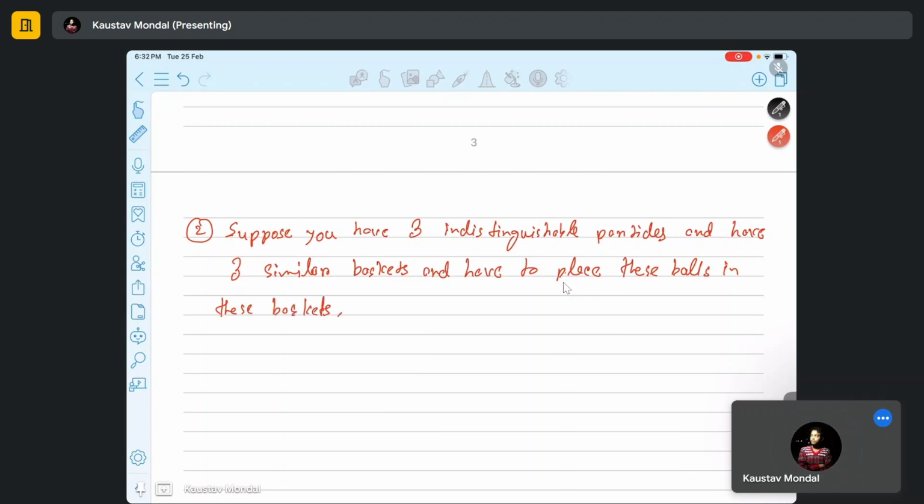Now, how many macrostates and microstates are possible, respectively? This is the problem.